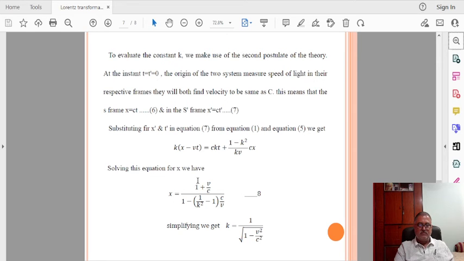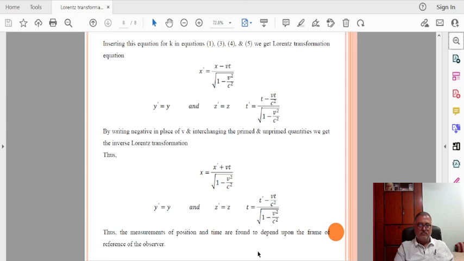Solving this equation for x in here, we will get this much factor, and by simplifying this equation number 8, we will get k equal to root of 1 minus v square upon c square.